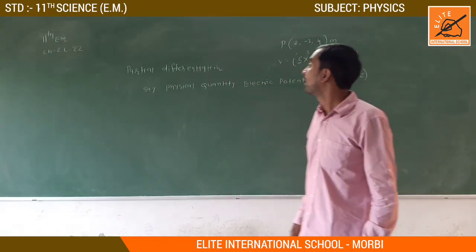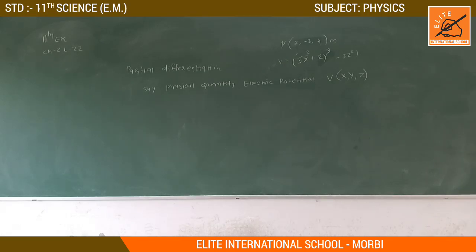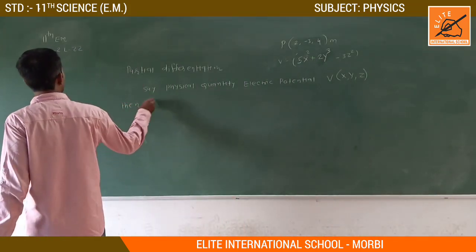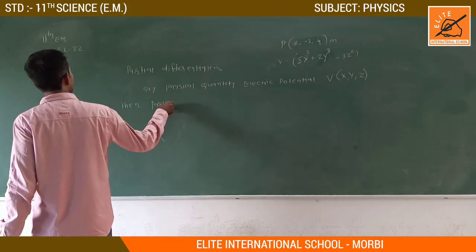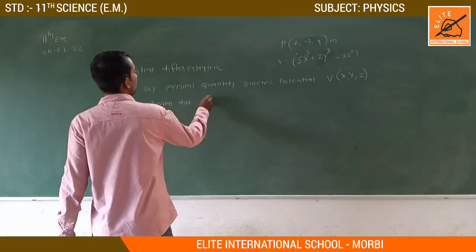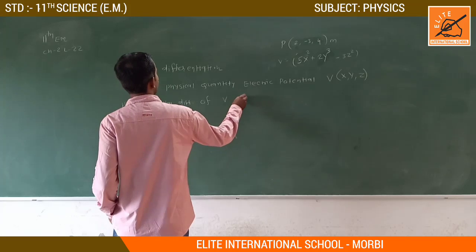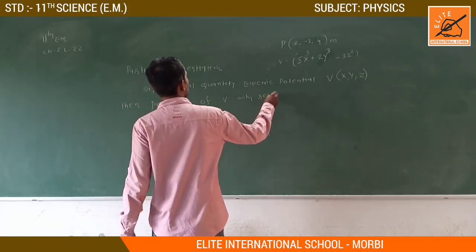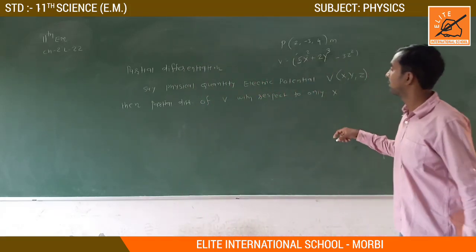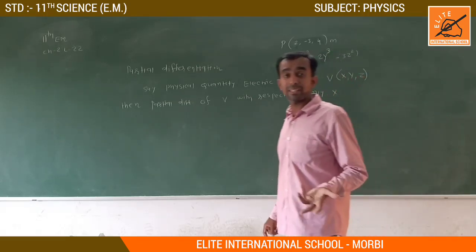Then the change in electric potential, right? Then partial differentiation of V with respect to only x. So what are y and z?